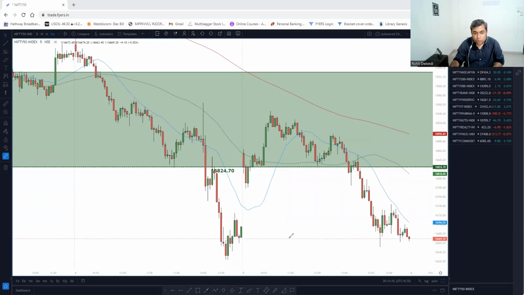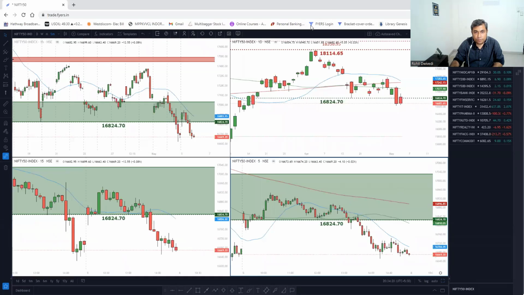Now let's go back to the main chart. Okay, so for tomorrow we will go short again in this market only when prices break below this wide range igniting bar, right? So as and when it breaks below this wide range bar, we will go short or buy puts at the appropriate strong bearish pattern, right?